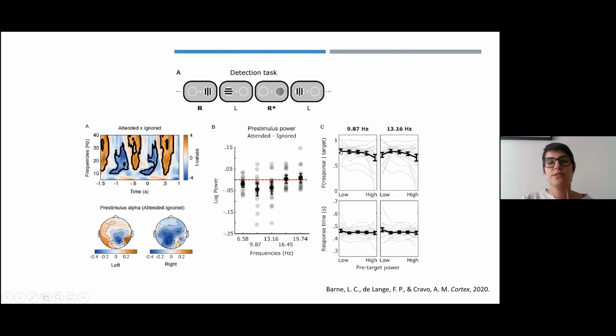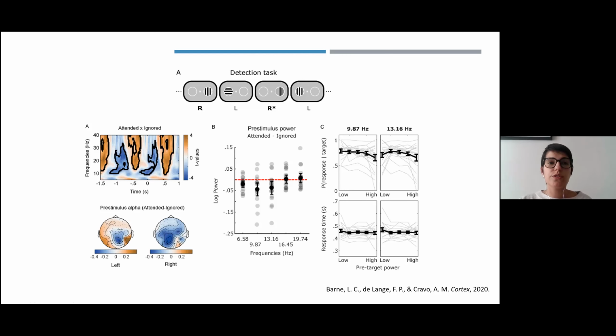You can see that there is not much linear relationship between low and high alpha power, neither for this frequency nor for a higher, beta frequency. This is almost significant in 10 hertz, but it's not significant. And same thing for the response time. There is no relationship between how much alpha you have and how fast you are. So there is no relationship between those two variables.